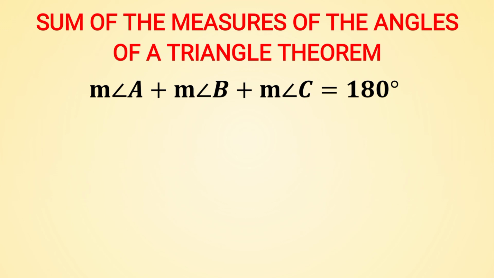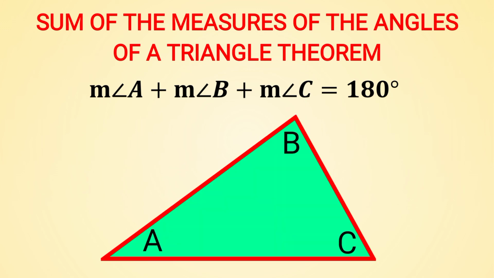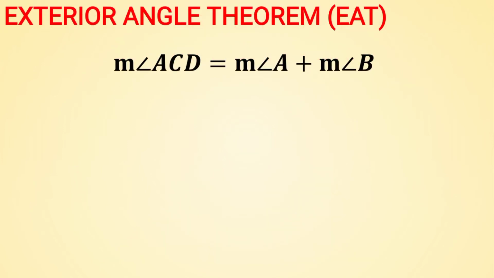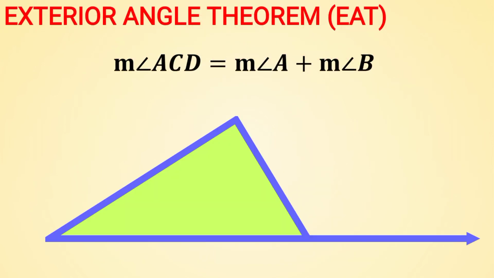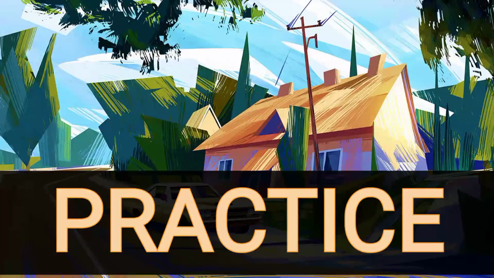Sum of the measures of the angles of a triangle theorem. We already know this. Exterior angle theorem. So the measure of angle ACD is equal to the measure of angle A plus the measure of angle B. Okay, let's do the practice.